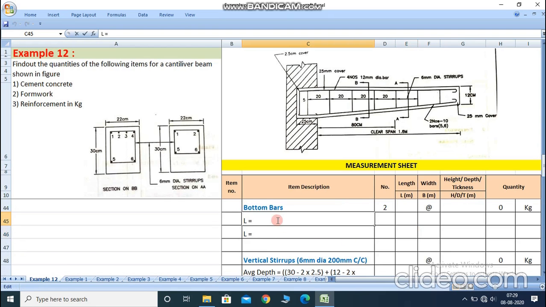So first we find out the total length of the bar. So here for the bottom bar, total length is equal to 1.6 plus 2.5. Sorry, here 2.5 is converted to meter, 0.025.